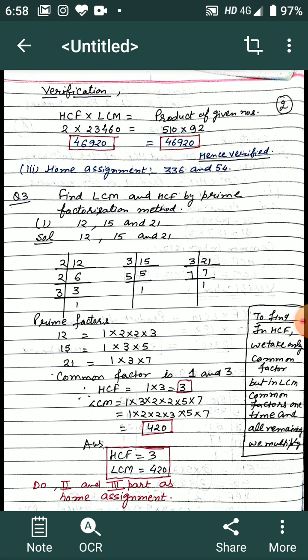Simply you will take the prime factors and choose the common factor, as in these the common factor is 3. So your HCF is 3 and you have to find the LCM. Take 3 one time, remaining factors 2 into 2, 5 into 7. You will take all to get the LCM. This is only a simple question.